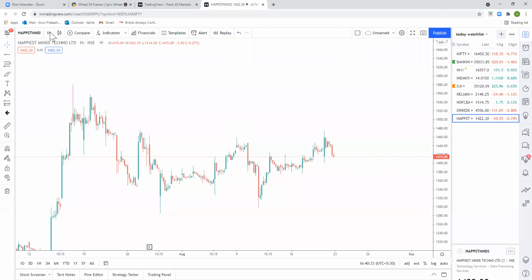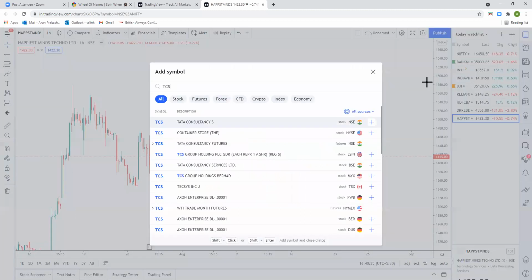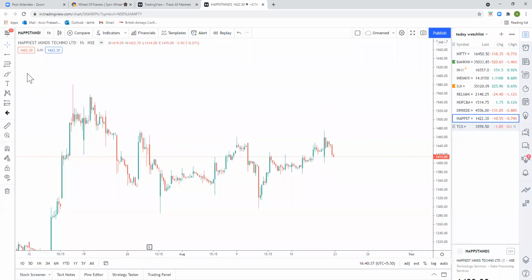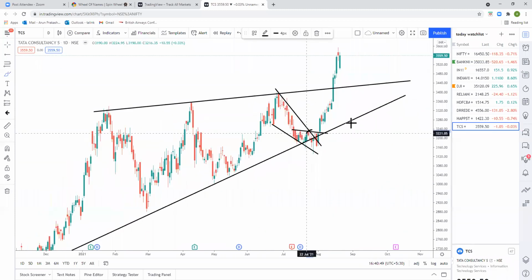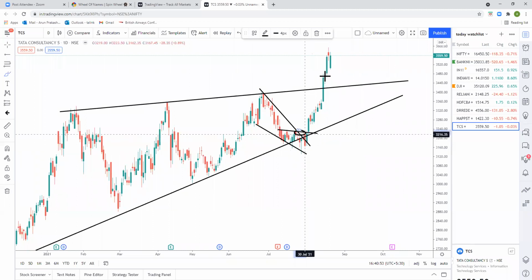The same question my personal mentorship student was asking me two or three days ago. So TCS, we had this pattern and that guy has bought TCS around this level itself, and he's still holding on to TCS. But from this level, he was a bit skeptical.